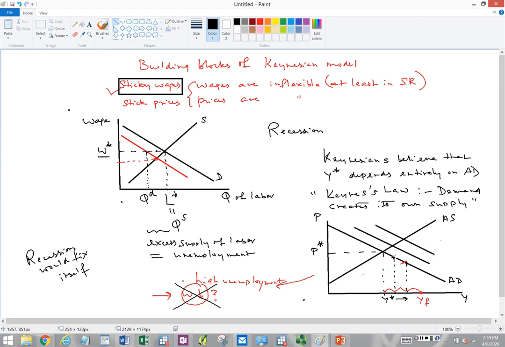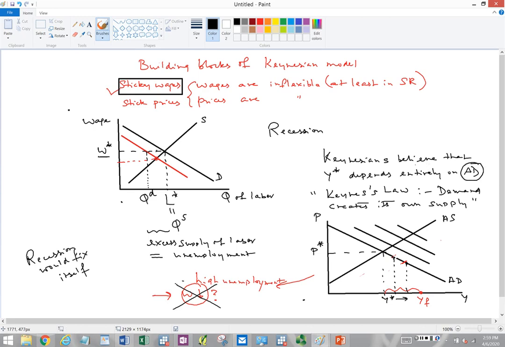You see, if the AD curve was shifted to the right, this too would bring the economy closer and closer to full employment. Right? So the Keynesians believe that aggregate demand has to be, in a sense, managed. Aggregate demand has to be actively managed.